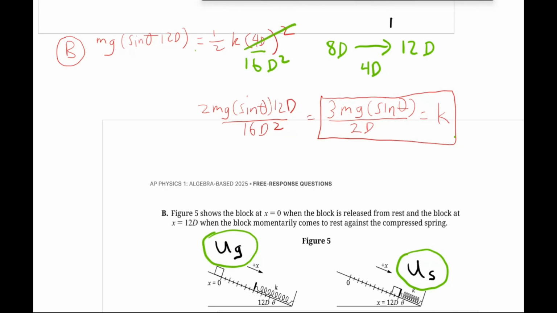All right, so if you take the 1/2 and multiply both sides by 2, that brings a 2 right next to the mg. And then you divide both sides by 16d squared. You can see my 16d squared dropped right underneath in the denominator. One of the d's drops out. And then your numbers are 2 and 12 on the top, which is 24, and 16 on the bottom. That fraction simplifies down to 3/2. And then you have 3 mg sine theta divided by 2d, and that is equal to k, your spring constant.